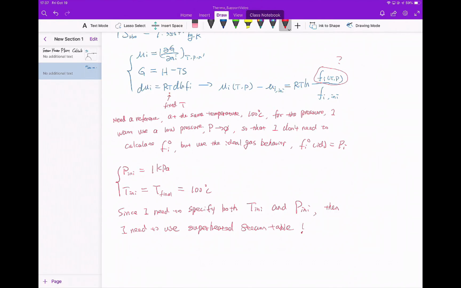Why? Because I have to control both temperature and pressure. Otherwise, if you stick with the saturated steam, then of course you are able to only specify temperature or pressure, cannot control them simultaneously. This is why we need to use this superheated steam table.